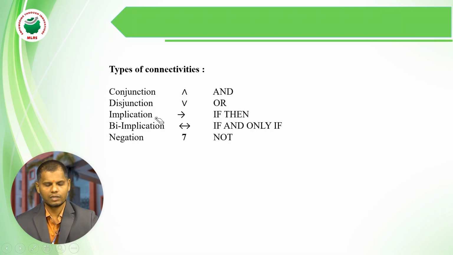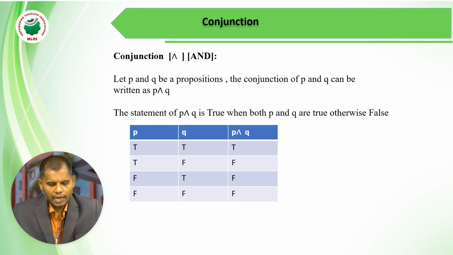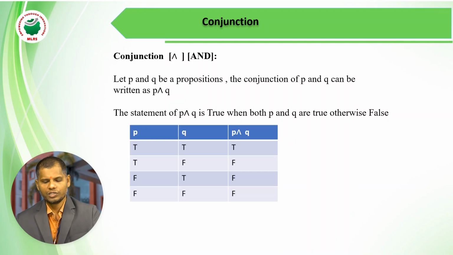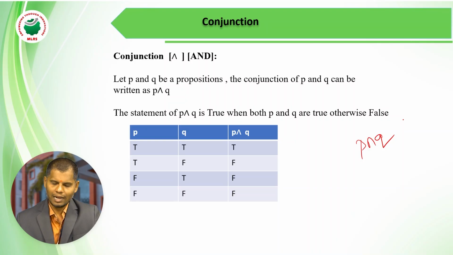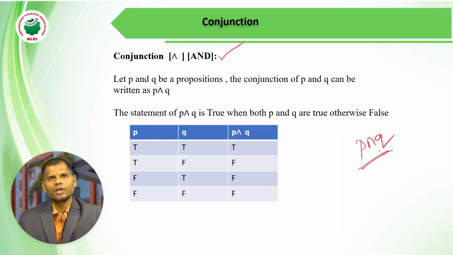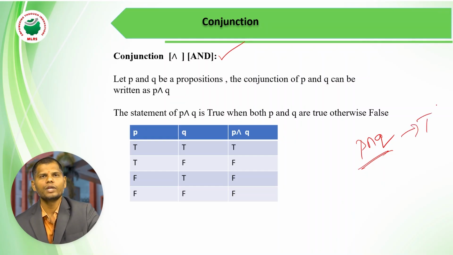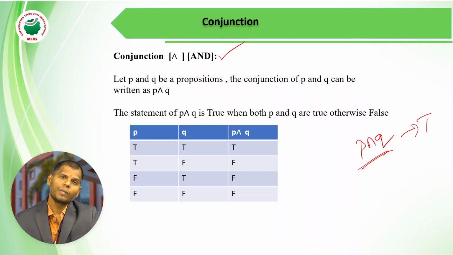So we'll go through them one by one. First, conjunction. Let P and Q be propositions. The conjunction of P and Q can be written as P and Q. The statement P and Q is true when both P and Q are true.